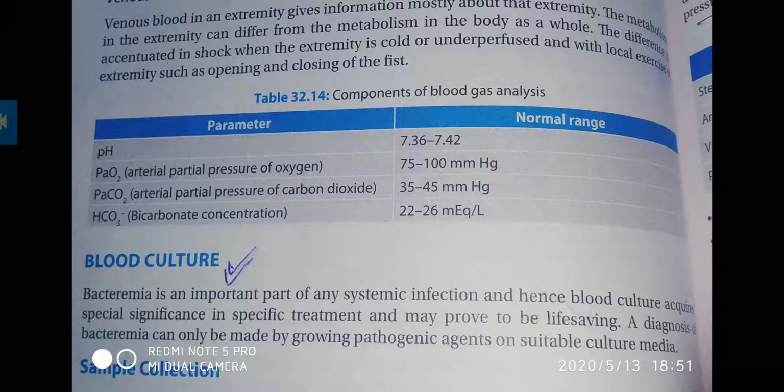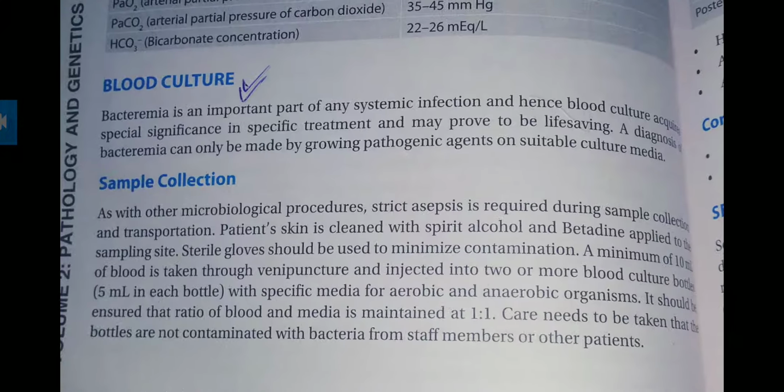A diagnosis of bacteremia can only be made by growing pathogenic agents on suitable culture media.